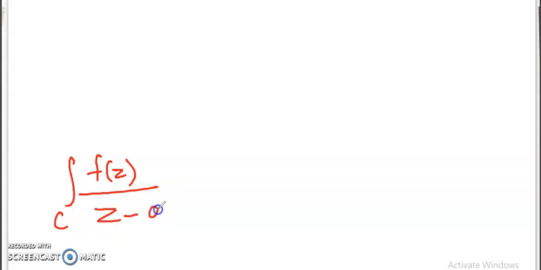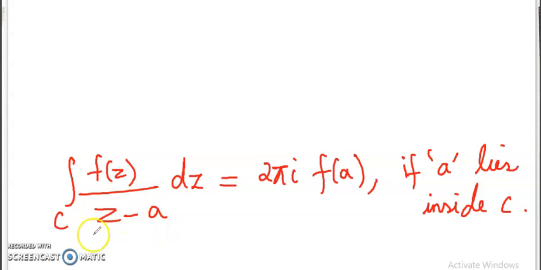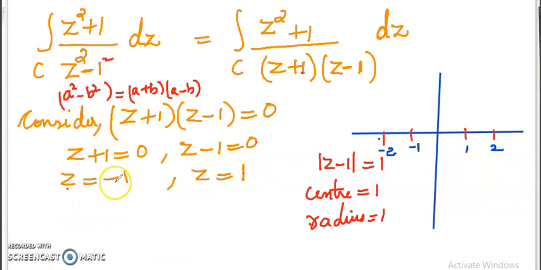We know Cauchy integral is given by the integral over C of f of z by z minus a dz equal to 2 pi i f of a, if a lies inside C. If z minus a is equal to 0, then z is equal to a, so this is our a value. Similarly here our a values are minus 1 and 1. We will verify whether they lie inside or outside.